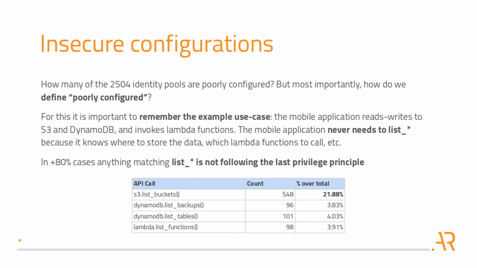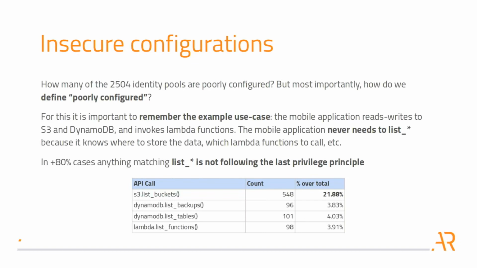Something that I really struggled with was, how do I tag a permission set as secure or insecure? Each application has its own set of requirements. Each application needs a different set of permissions.